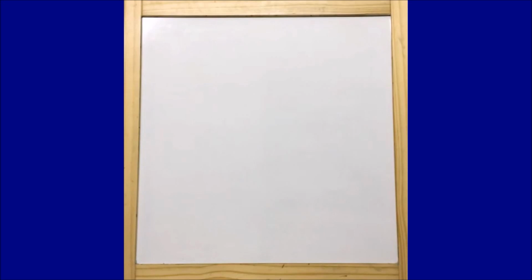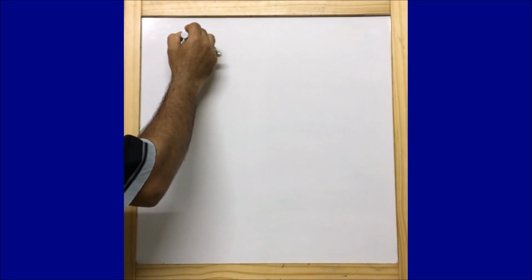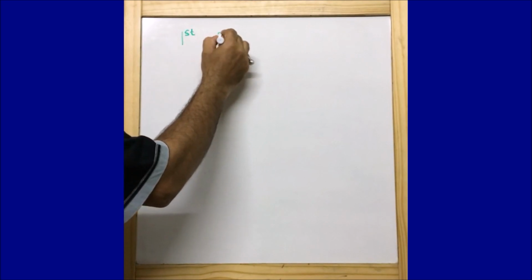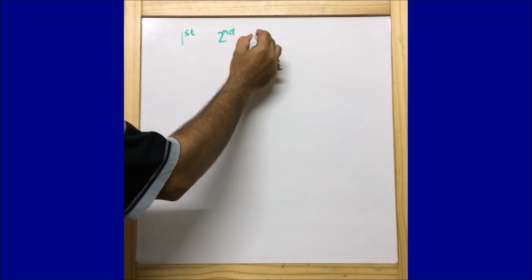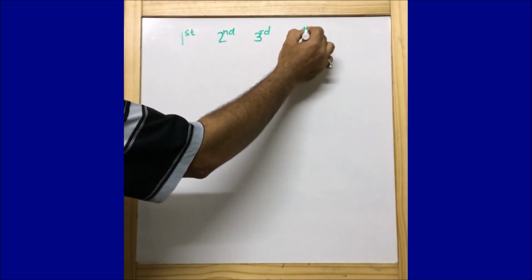Solution. As per the question, we are going to find the sum of the AP up to 11 terms, and the given arithmetic progression is 1/15, 1/12, 1/10. So let us first put the data in tabular form. I can write first term, second term, third term, and the 11th term.